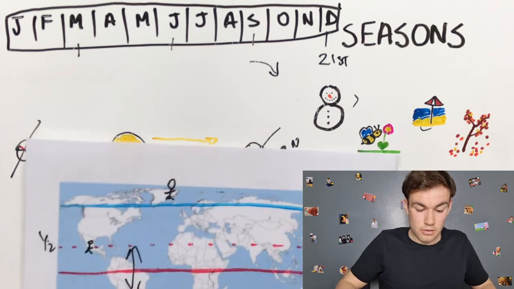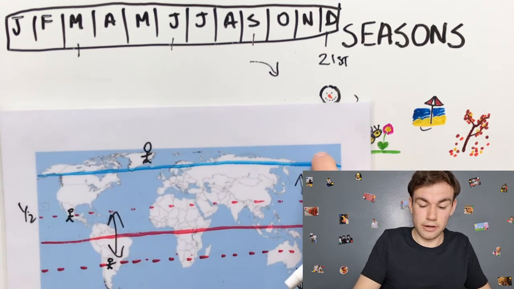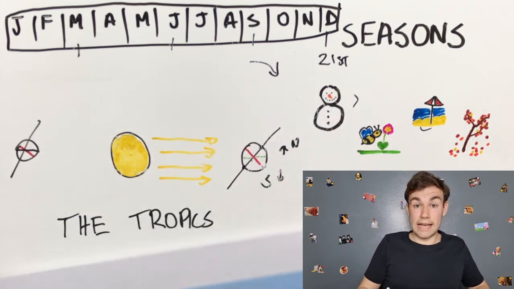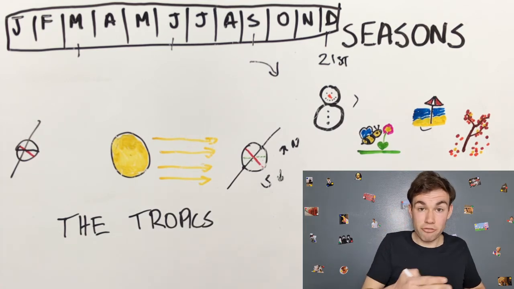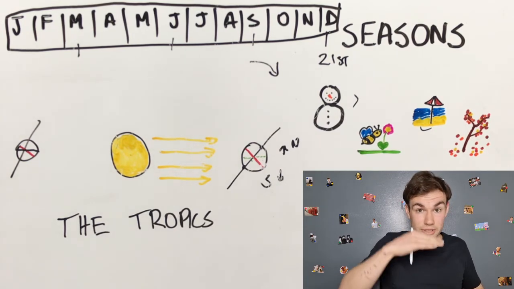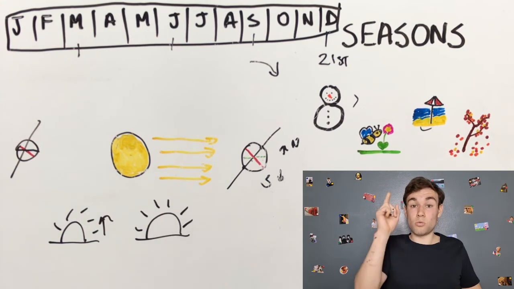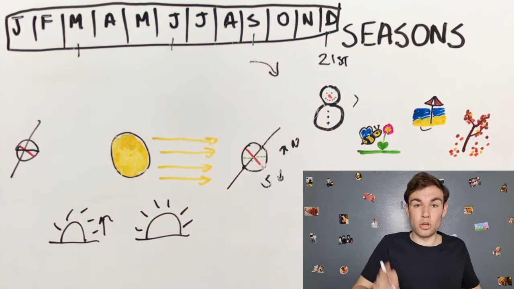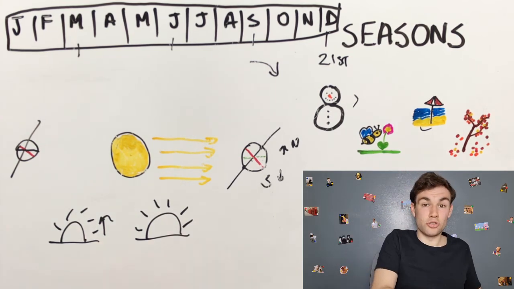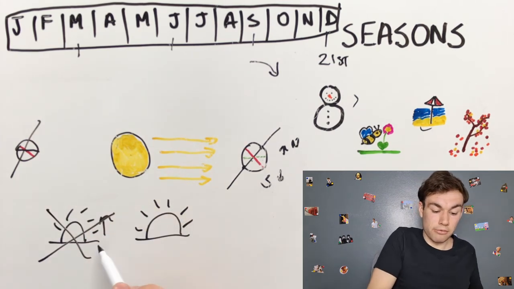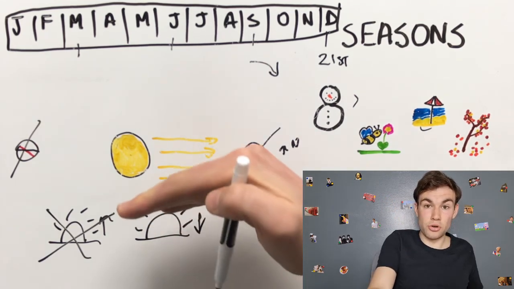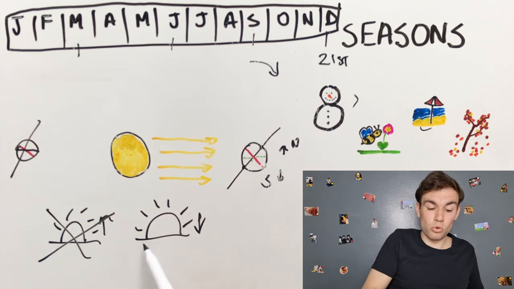And north of the Arctic Circle and south of the Antarctic Circle, there will be at least one day every 12 months in which the sun does not rise above the horizon, and at least one day in which the sun does not set below the horizon.